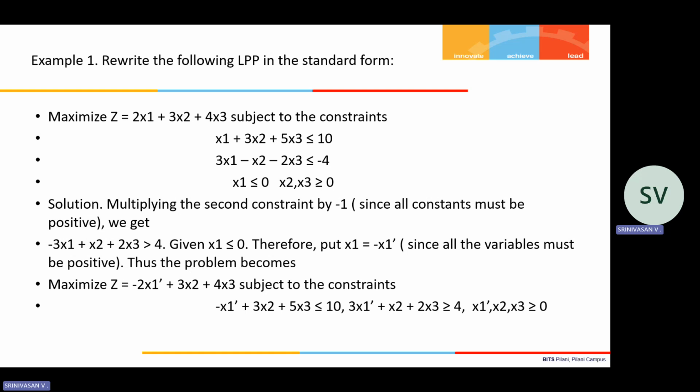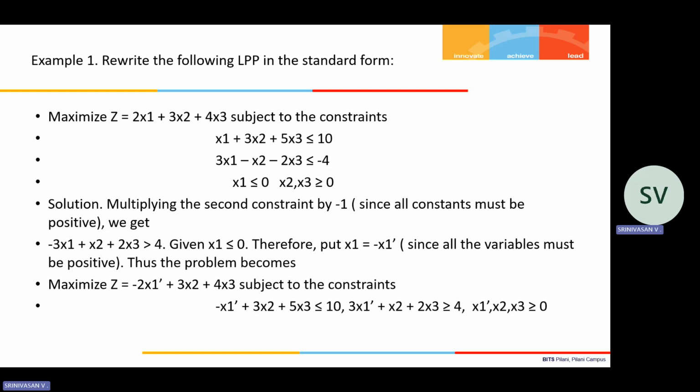Now you are asking, can you have minus 2x1 dash? Yes, because minus x1 dash is nothing but x1. So you are preserving positivity for your original decision variable. Don't bother about x1 dash.